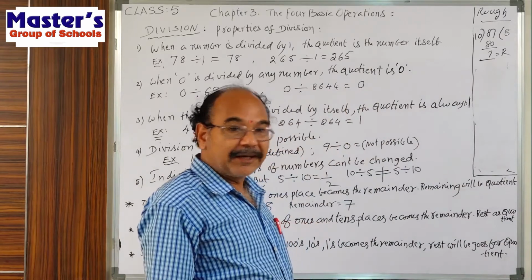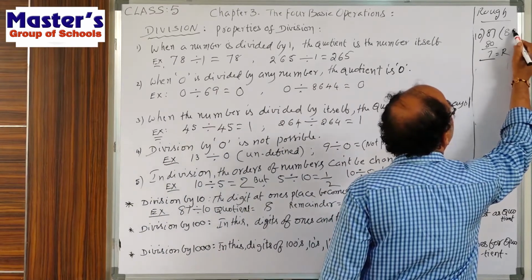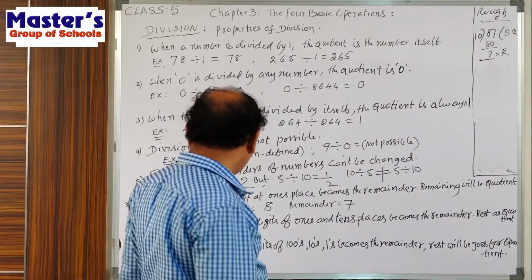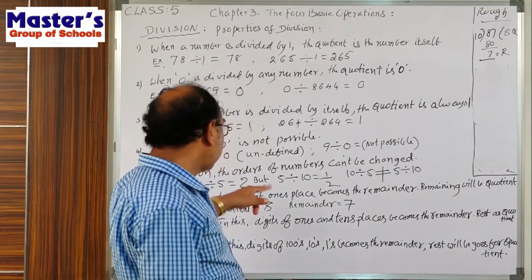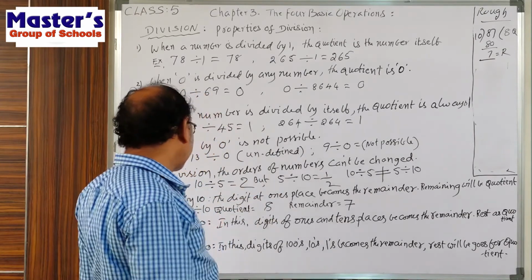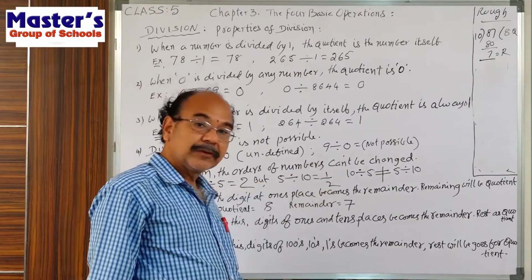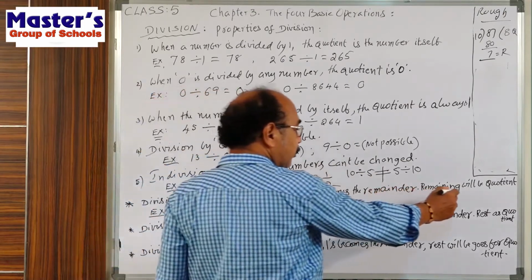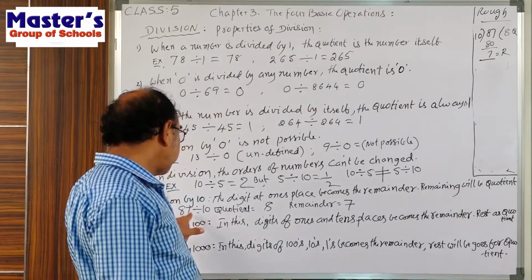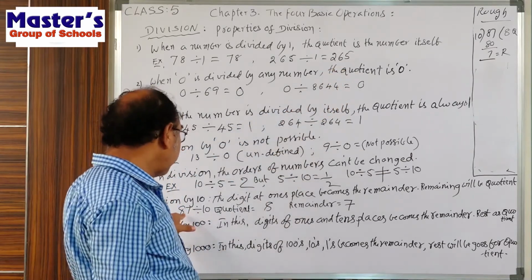What is the quotient? 8. That means we can understand that the digit at one's place becomes the remainder and the remaining digits become the quotient. Here the digit at one's place is 7, so 7 becomes the remainder.